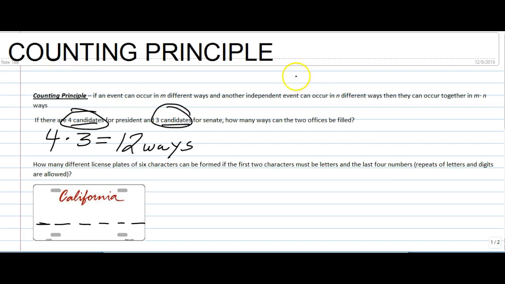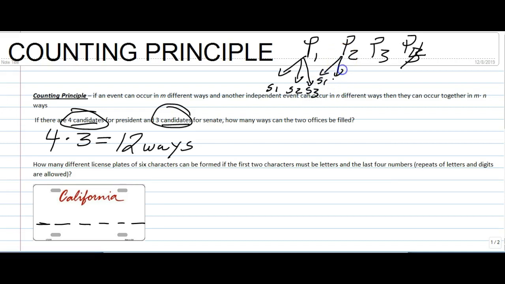Now, we can illustrate that using what I call a tree diagram. So we have 4 choices for president, and we have 3 choices for Senate. So I can elect President 1 and Senator 1, or President 1 and Senator 2, or President 1 and Senator 3, or President 2 and Senator 1, or President 2 and Senator 2, or President 2 and Senator 3.